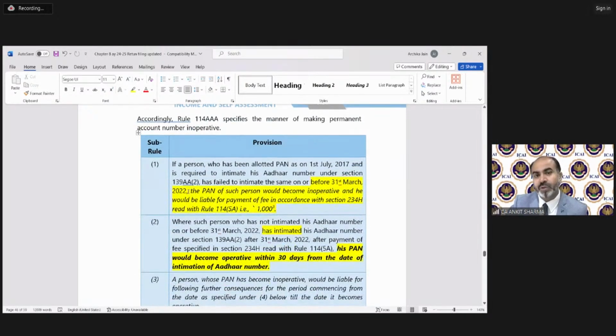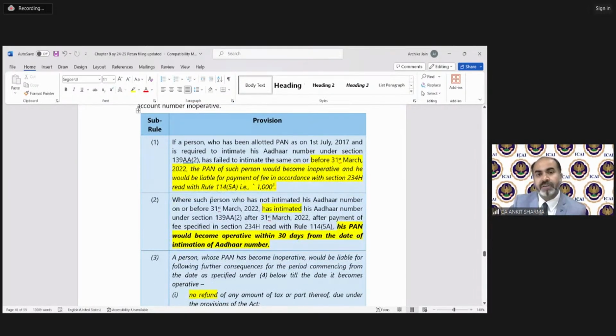That date of 2022 has been extended by the department, by the court, where such a person who has not intimated his Aadhaar number on or before 31st March has intimated his Aadhaar PAN number. So if after 31st March you intimate it, then you have to pay 1000 rupees and within 30 days your PAN number will be operative again.